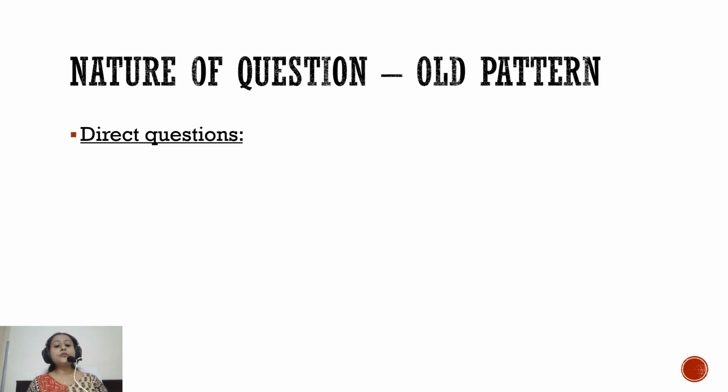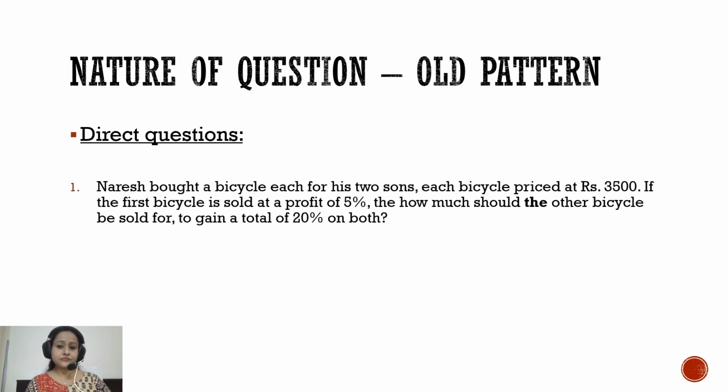Coming to the question pattern, 4-5 years back, quantitative techniques generally had direct questions for the CLAT exam. Just like this, here you can see a short, simple question where Naresh bought a bicycle for each of his two sons.